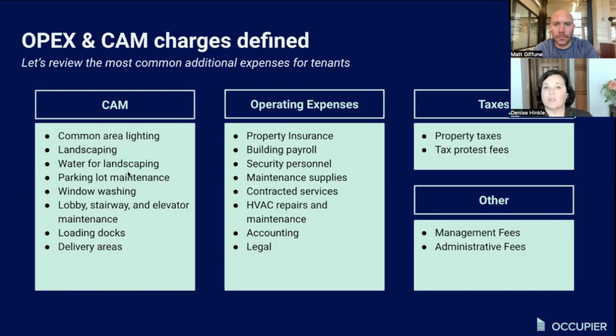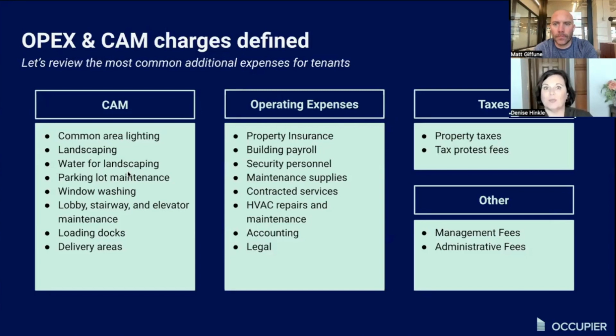When you look at this from an accounting perspective, normal operating expenses are going to include things like lighting for the common areas, landscaping, cleaning and janitorial, security, and a whole host of other things that the landlord, in their best business sense, must provide or does provide for a property.